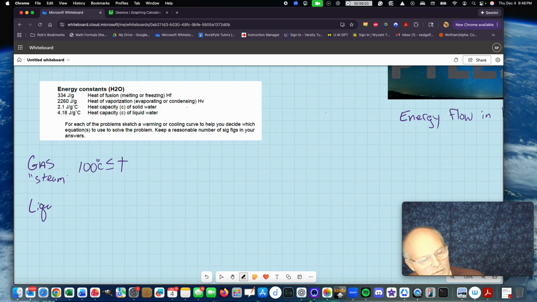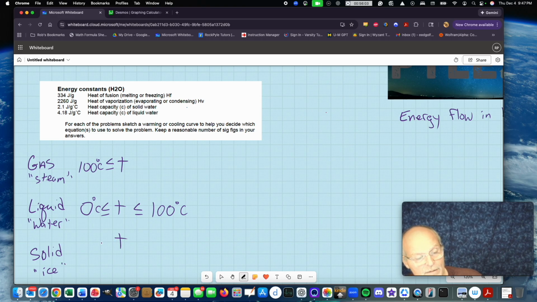Liquid, also known sometimes as water, is when the temperature is greater than 0 degrees C, freezing, but less than 100 degrees C, which is boiling. And finally, the solid form of water, which is ice, when the temperature is less than 0 degrees C.